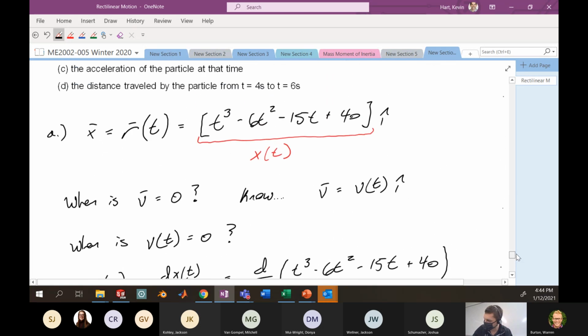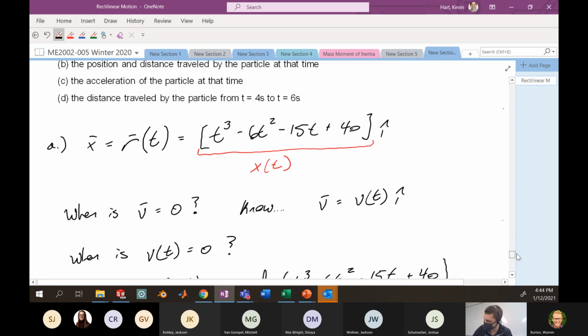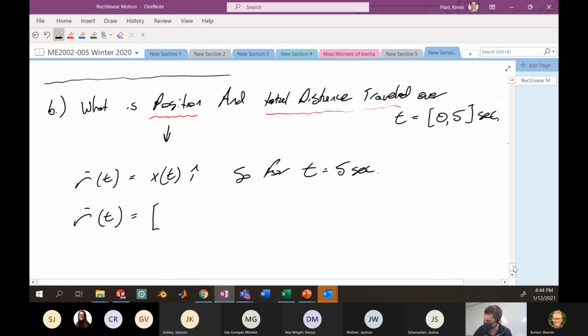I know that expression from above, t cubed minus 6t squared minus 15t plus 40. I can just plug in the value of 5. So here this is 5 cubed minus 6 times 5 squared minus 15 times 5, plus the initial position, which is 40.